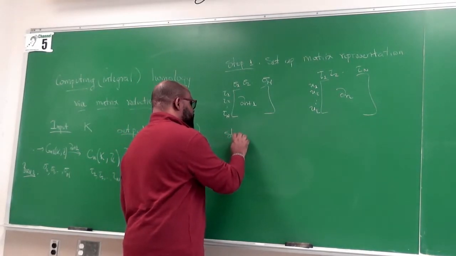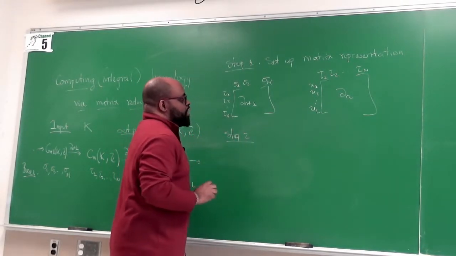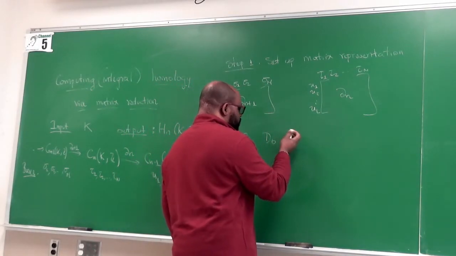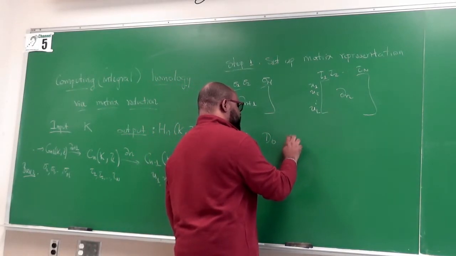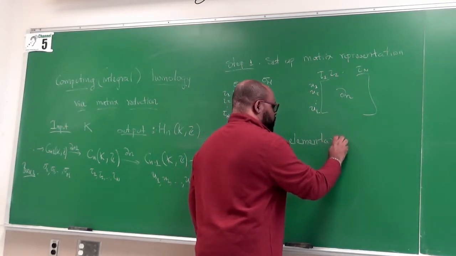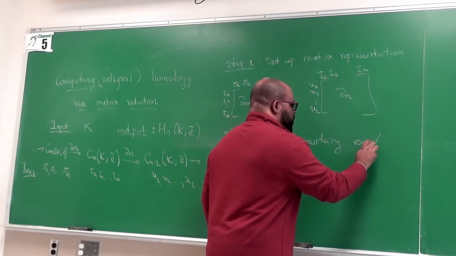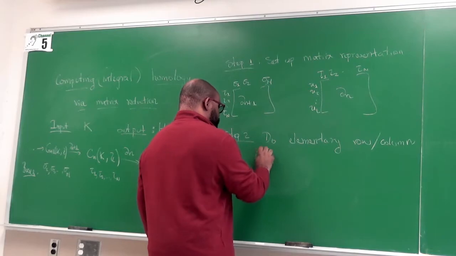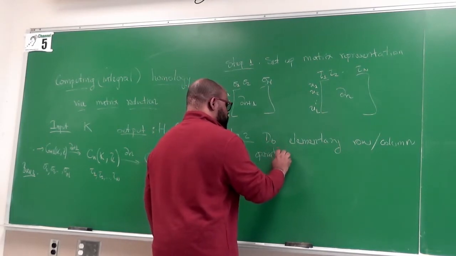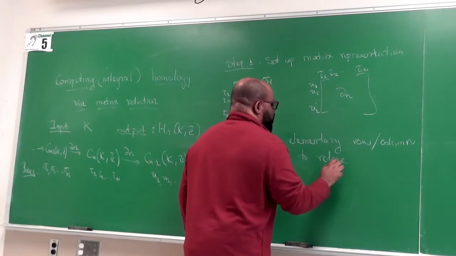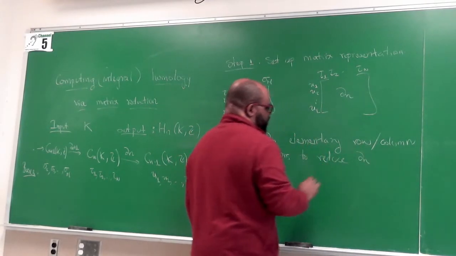The second step is we do elementary row and column operations to reduce delta n.